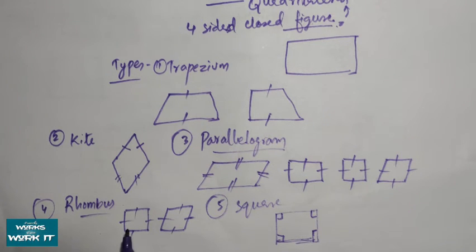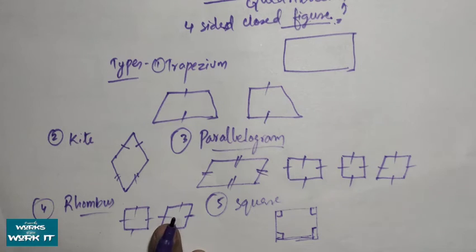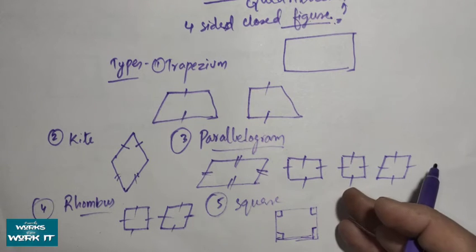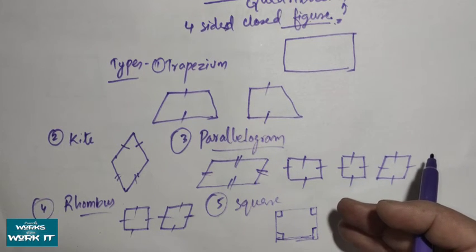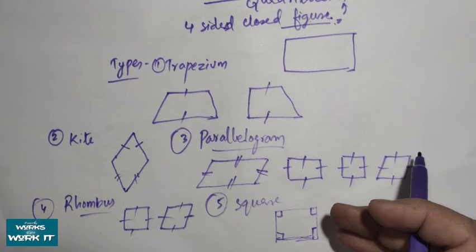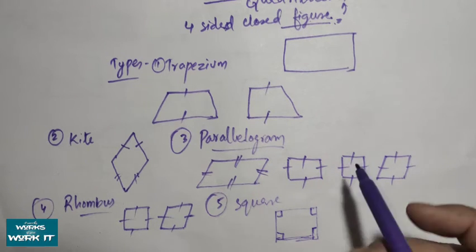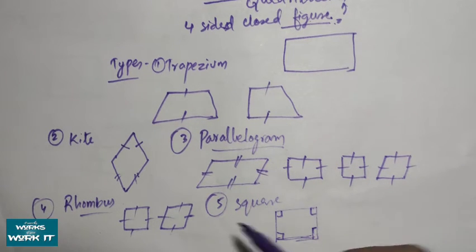Still, if any quadrilateral has four equal sides and two pairs of opposite sides parallel, we can say it is a rhombus. And if you talk directly about the square, all the sides need to be equal and two pairs of opposite sides parallel, and one most important thing, the corner angle should be 90 degrees. Otherwise they are the same.